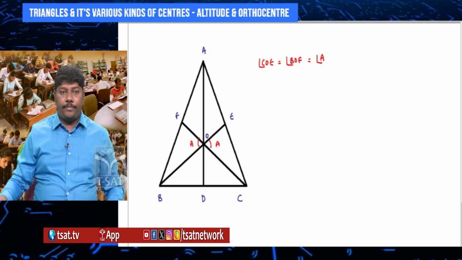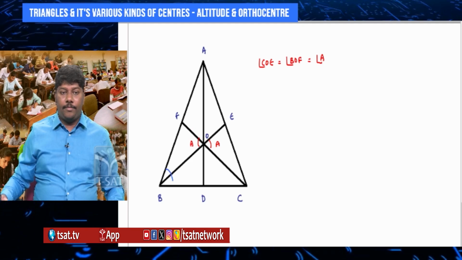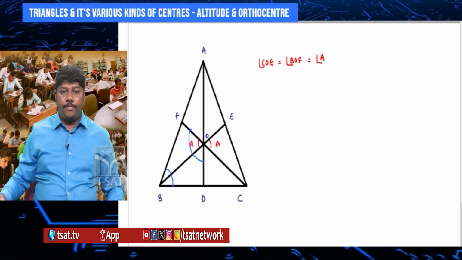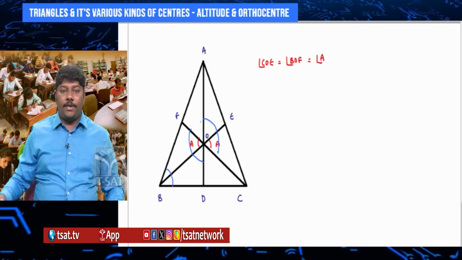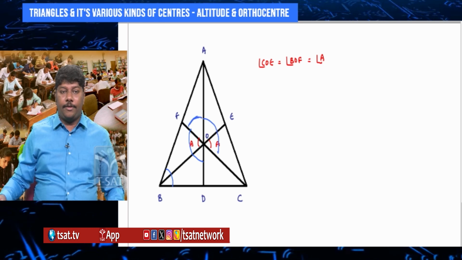Look at angle B. Here if it is angle B, this becomes 180 minus B. Therefore, this is also 180 minus B. Therefore, the rest of the angles form a linear pair.